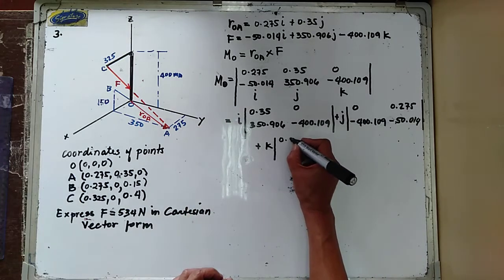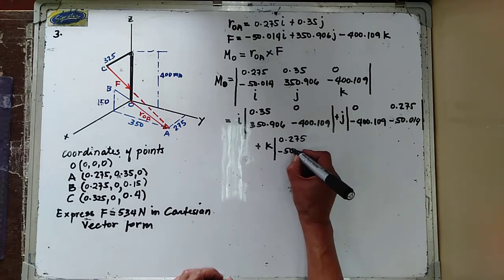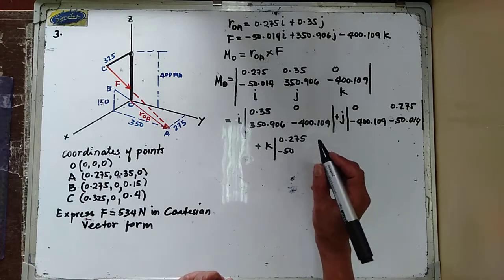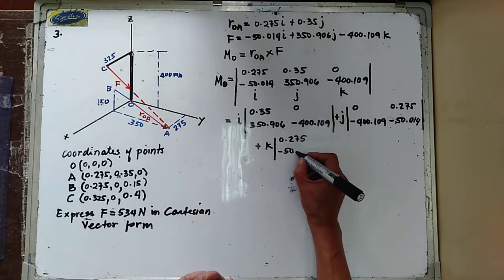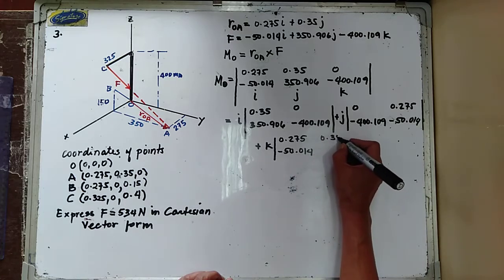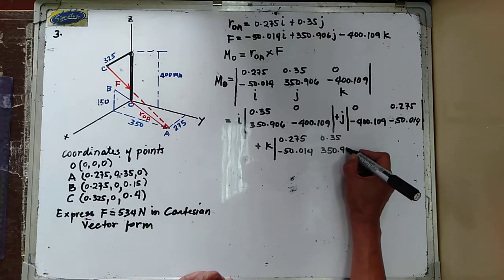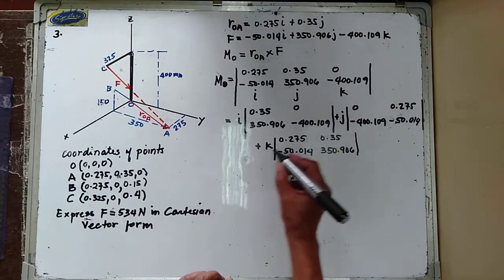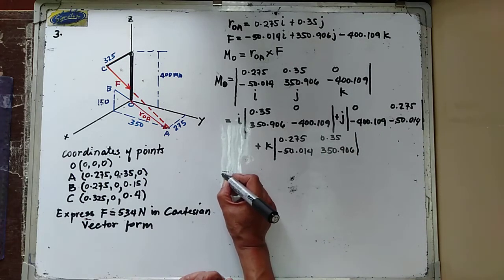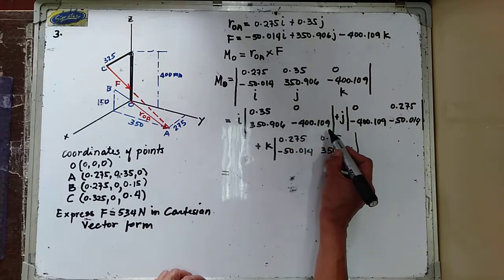We have 0.275, minus 50.014, and 0.35, 350.906. Let us now evaluate the moment of the vector about point O. This is positive in that direction.